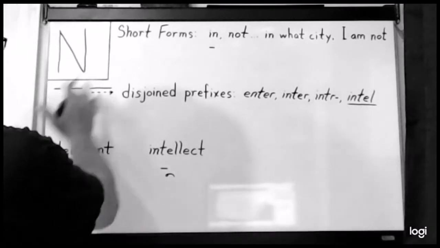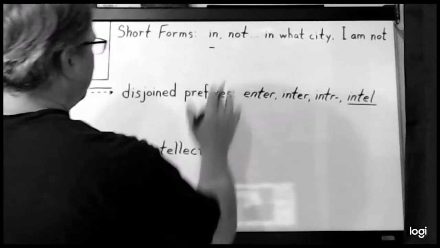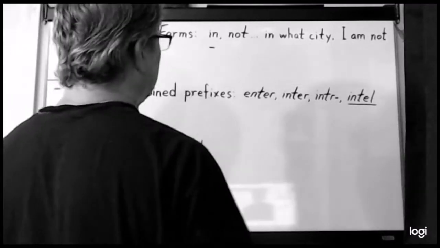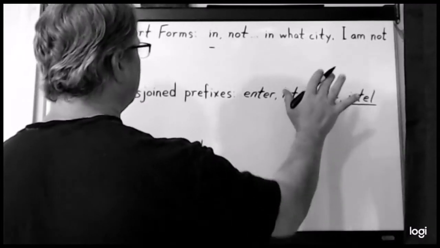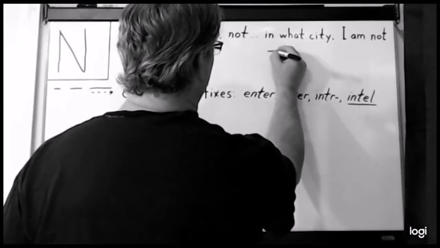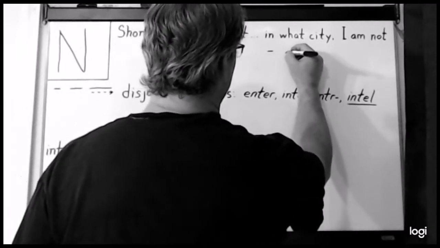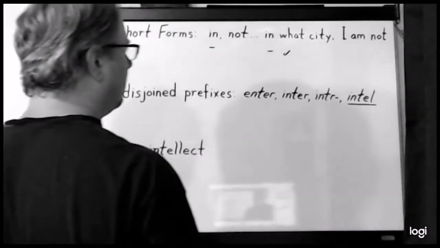The letter N also stands for the short forms in or not. Now we'll demonstrate these two short forms in the phrases in what city and I am not. So in what city is just the letter N, and then what is just represented by an O and a T, and it is a short form.